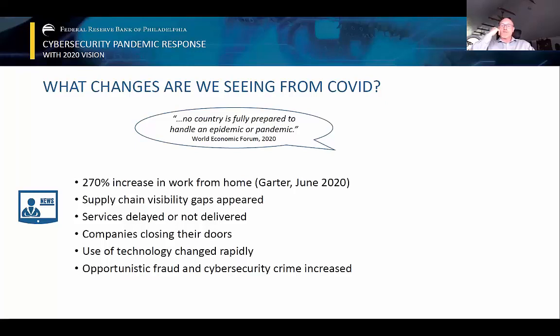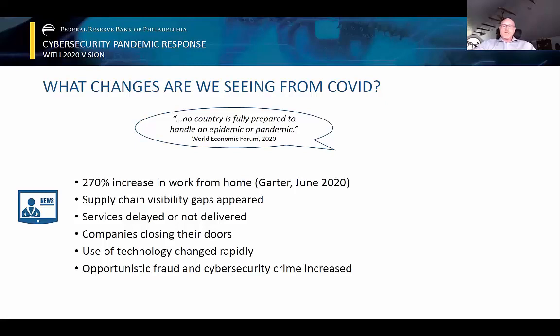Just over the past few months. And you think about the bad actors out there. They've got some great topics to help entice us to click on things we don't want to click on: economic stimulus, loan relief, vaccine developments. Very, very interesting topics for all of us that are just worried about the state of things.